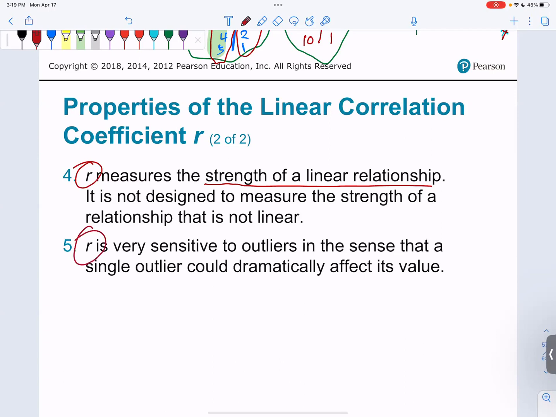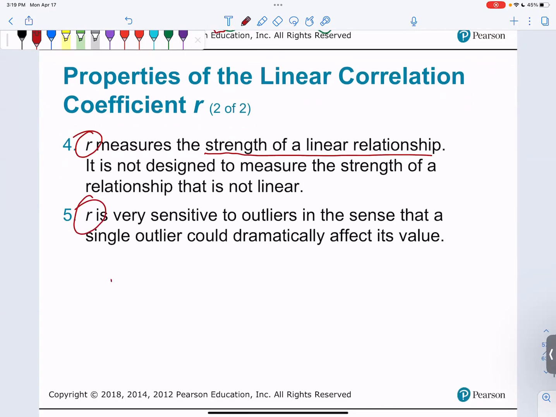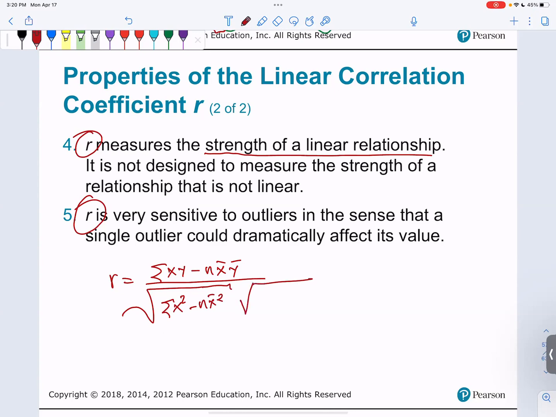And then remember, let me write the formula down again. Summation xy minus n x bar y bar, and then we have the summation of x square minus n x bar square, and then summation y square minus n y bar square.